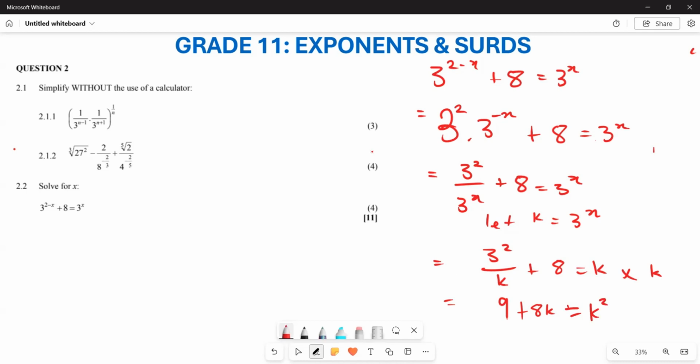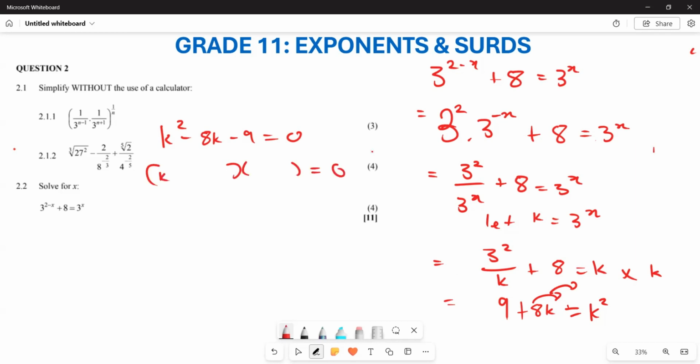Okay. Now, which means from here, what is it that you're going to do? This is going to be k squared, subtract 8k, subtract 9, is equal to 0. So basically what I did, I just took all of these to the side. And now from here, you're going to factorize, obviously, right? When you're factorizing, what is it that you're going to have that can give you your 8k?